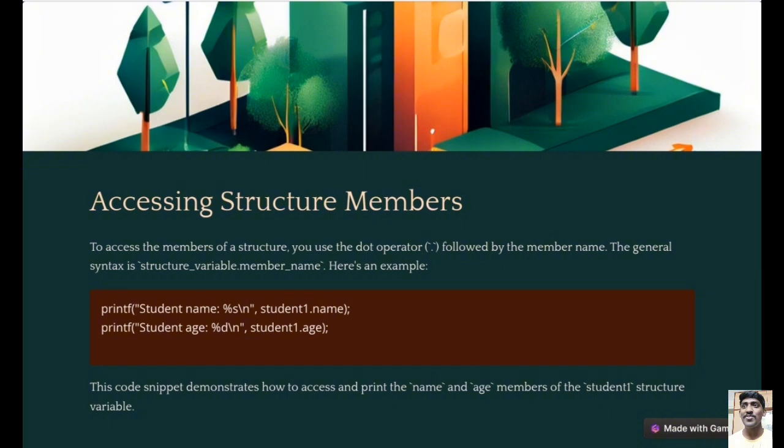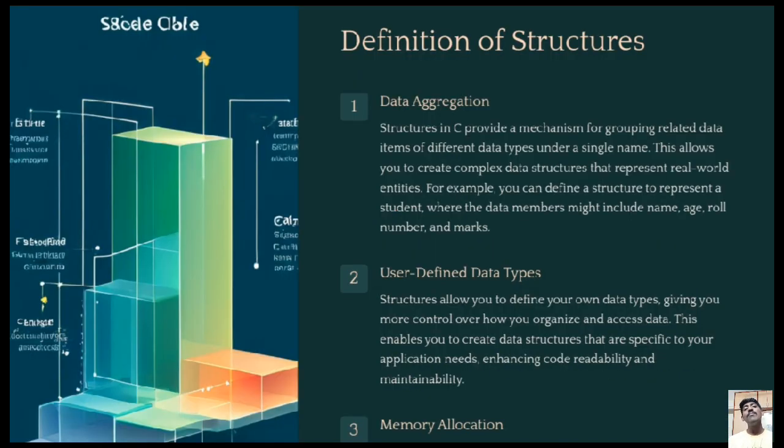Coming to declaration of a structure, the three ways to declare a structure are tagged structure, structure without tag, and type defined structure. The first is the tagged structure, with syntax struct tag name, then data type member 1 and data type member 2. Taking the previous example, struct student, open the brackets: char name[20], the name of the student, int usn, his roll number or USN, and float marks, which is decimal.